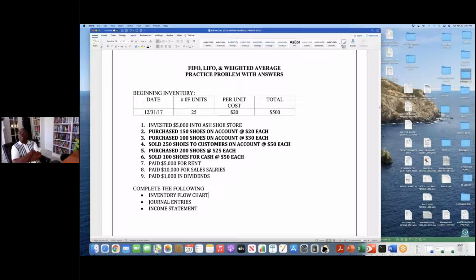I'll give you all about 10 minutes. Then do the flow chart, make the journal entries, and make that top part of the income statement. Tell me how much you made. That is sales less cost of goods sold, except you got 2 sales this time, and 2 cost of goods sold. So everybody see if they can work on that. I just want to see where you all are.